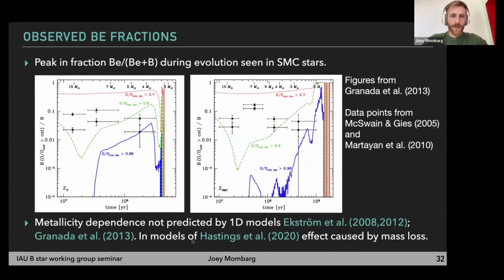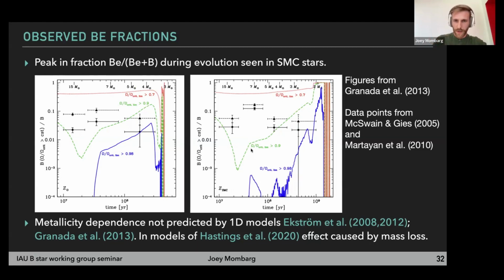If we compare this to observational fractions of Be stars, I'm here just showing you two plots from Ganada et al. Just focus on the solid data points, which represent the bona fide Be stars. This is for galactic metallicity, and this is for SMC metallicity. What we find is that in lower metallicity environments, there seems to be a much higher, clearer peak in the fraction of Be stars.